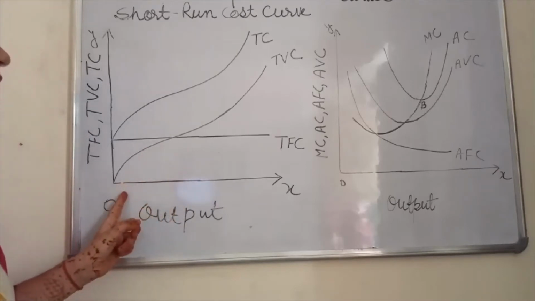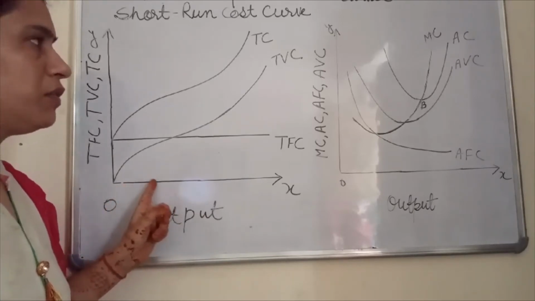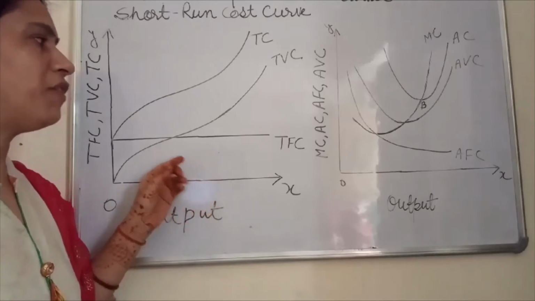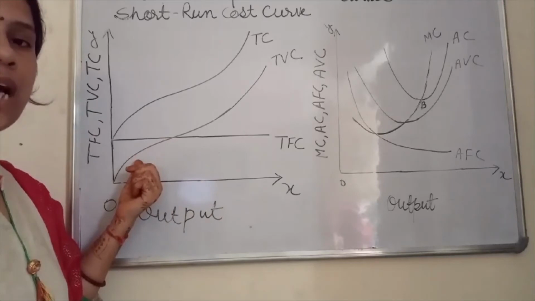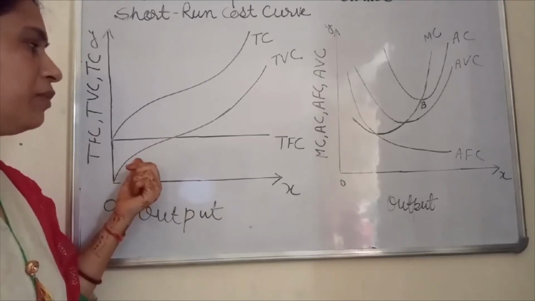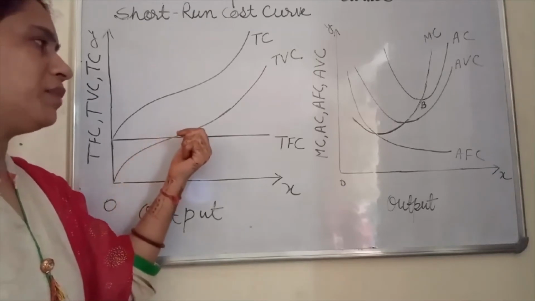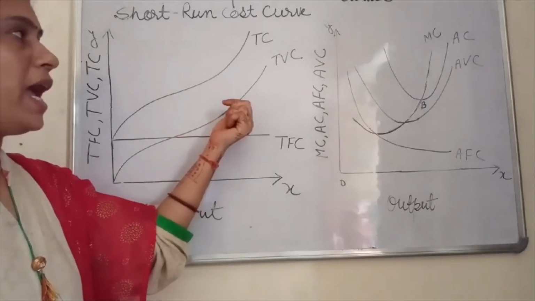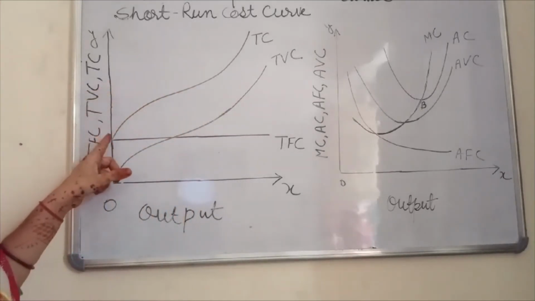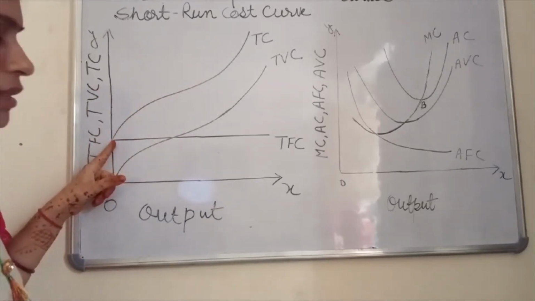TVC starts from 0, and as the production increases, TVC also increases, but its rate of increase is different. In the beginning it increases at decreasing rate, and after some time it increases at increasing rate.